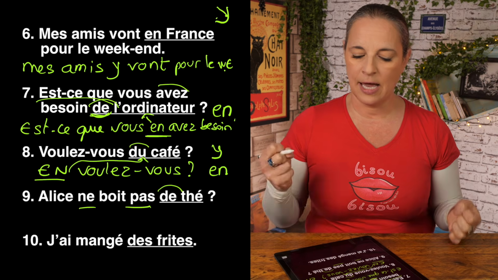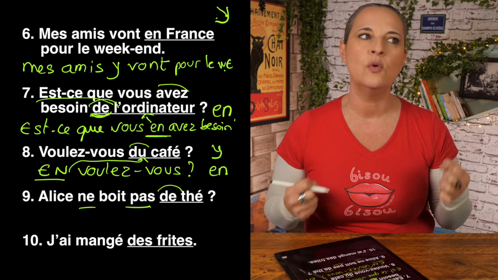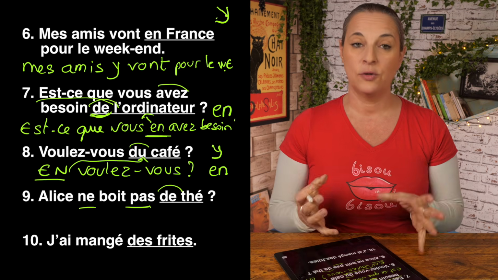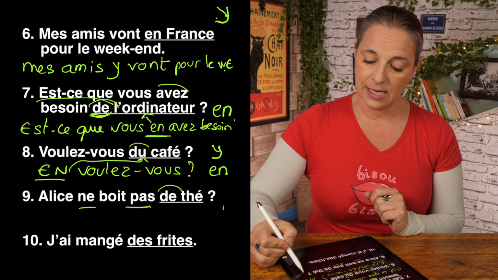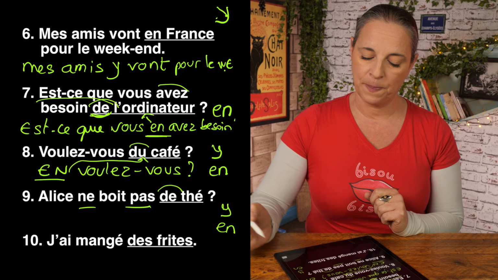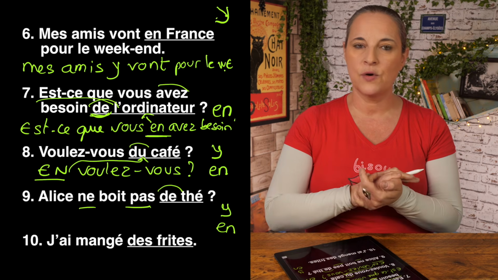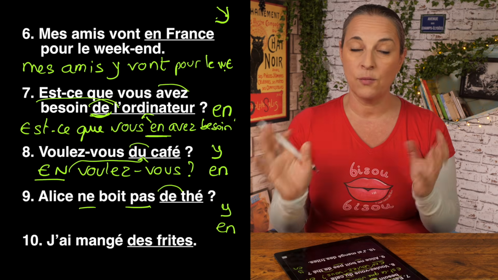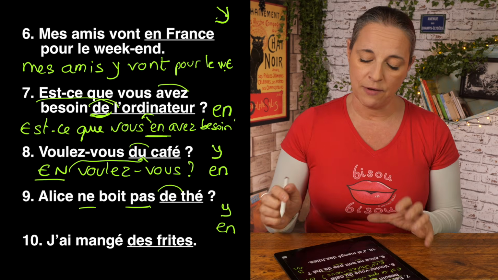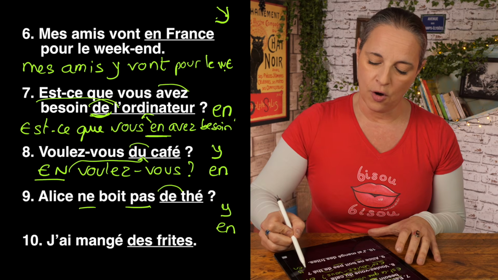You can't say elle ne boit pas du thé, elle ne boit pas de la, elle ne boit pas des. De comes with a negation. So here, is it y or is it en? We're not referring to going somewhere, chez or dans or en or whatever. So therefore, we are replacing de by en.